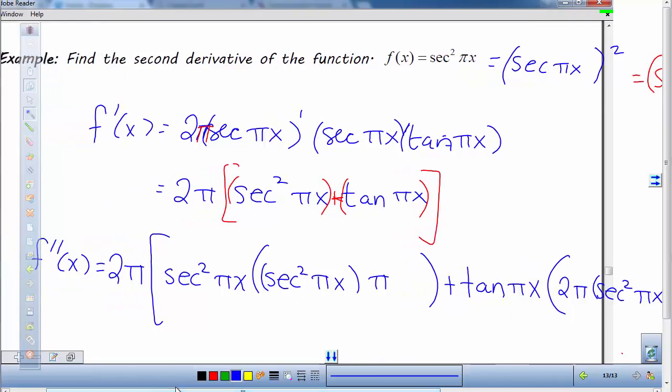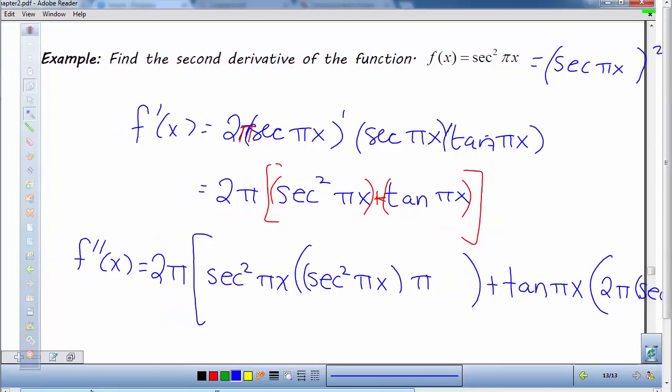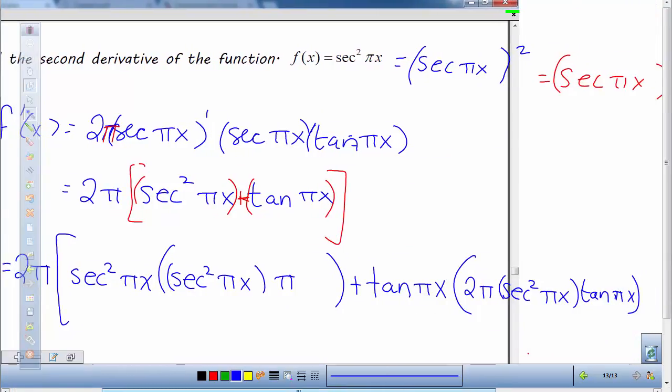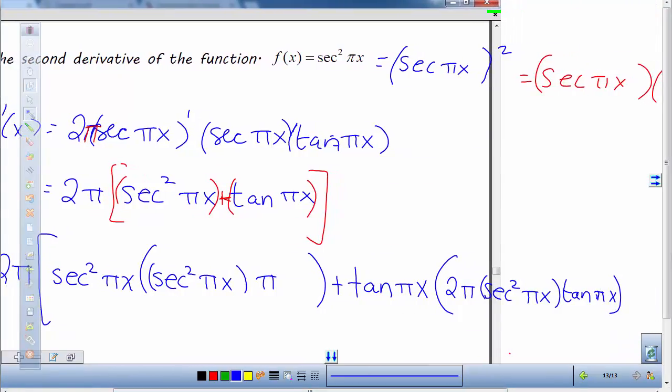And then we can go back in here and try to clean this up. What kinds of things do we have in common? Because I've got 2 giant terms. Here's one, here's the other. We've got secant squared pi x in both of them, so I can factor that out.